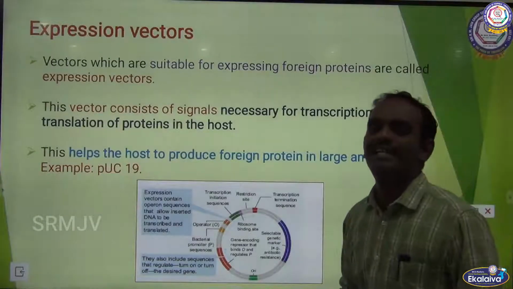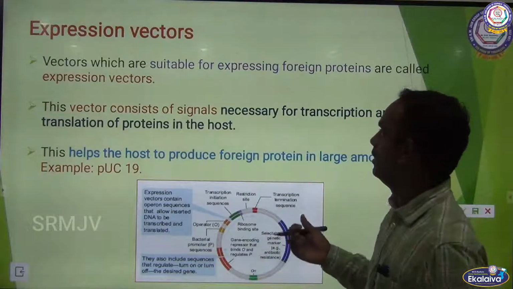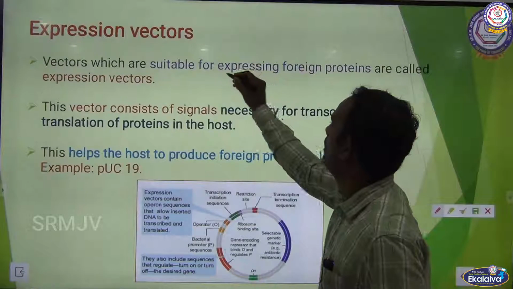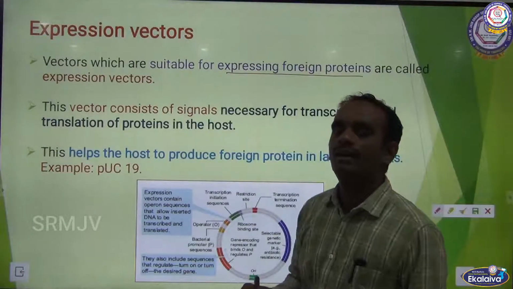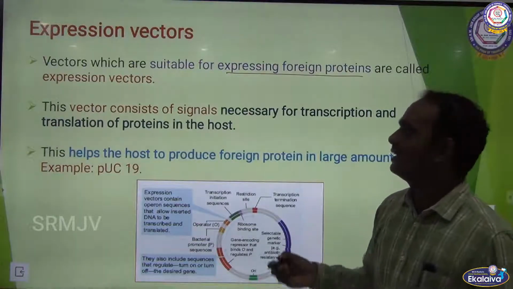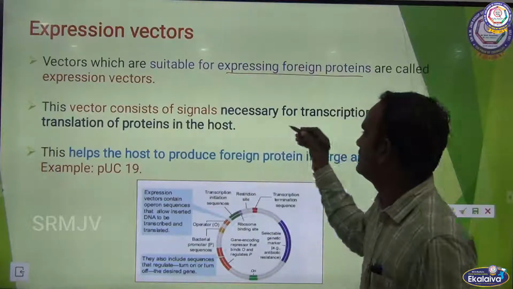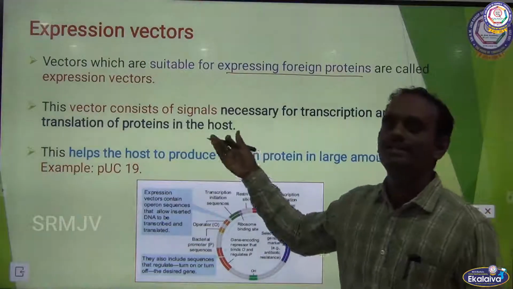The next one is expression vectors. Vectors which are suitable for expressing foreign proteins are called expression vectors. This vector consists of signals that are necessary for transcription as well as translation of proteins in the host.